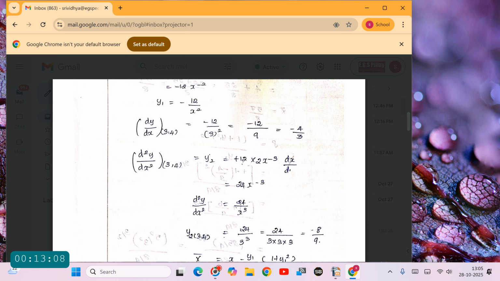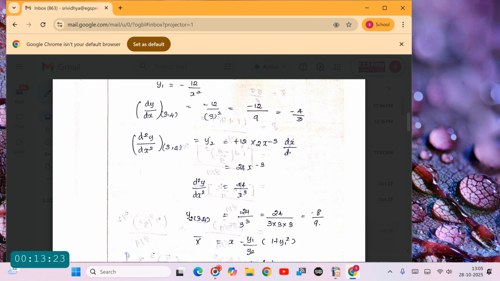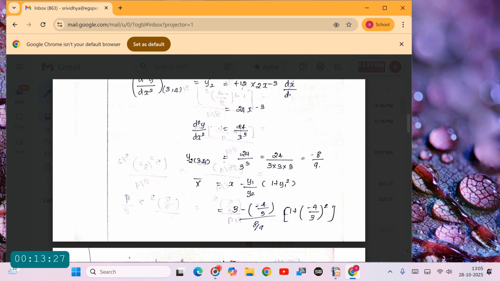That is our y2 value, d square y by dx square can be written as 24 by x cube. Next we find the value of y2 at the point 3 comma 4. So 24 divided by 3 cube, we are getting 8 by 9. So the y1 value is minus 4 by 3, and the y2 value at the point 3 comma 4 is 8 by 9.